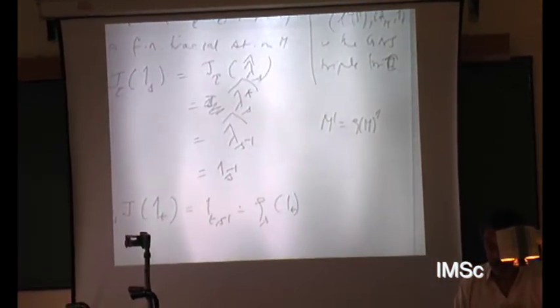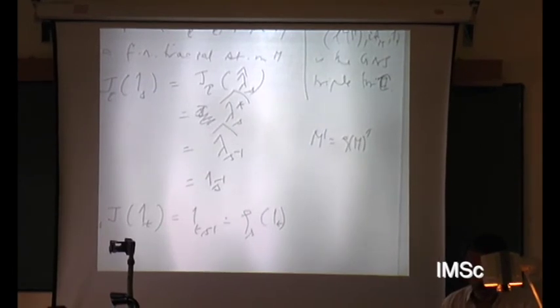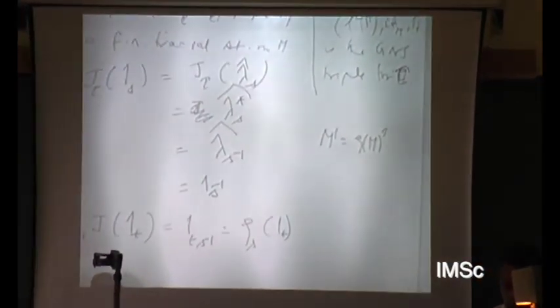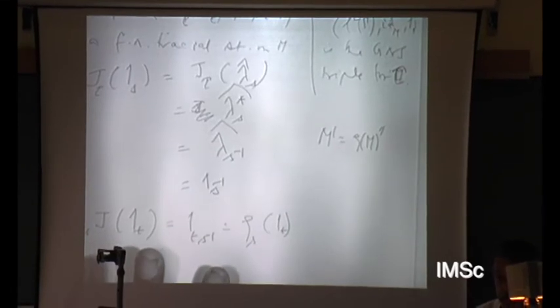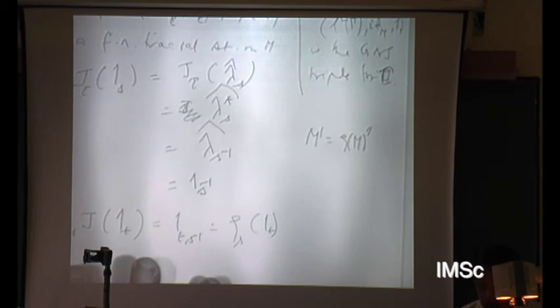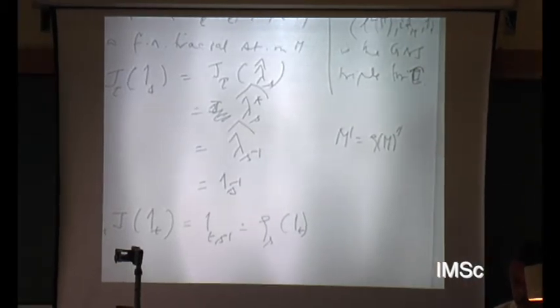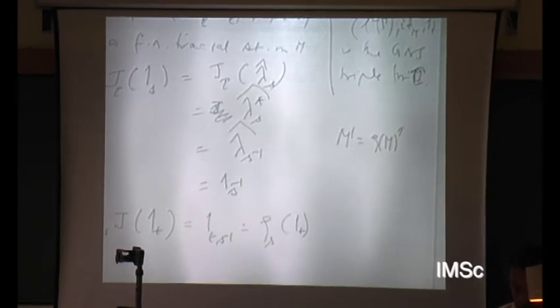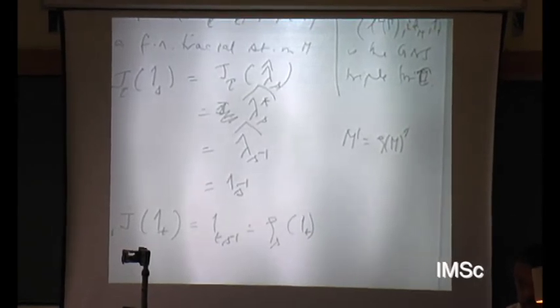Namely, if it has the property that all conjugacy classes are infinite. The cardinality of every conjugacy class in the group should be infinite. It must be an infinite set.